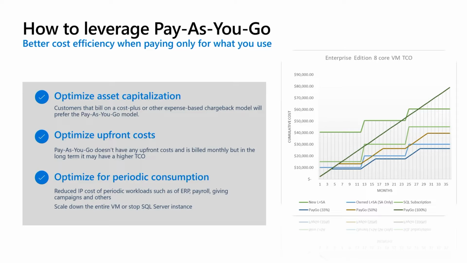But as your workload becomes more and more intermittent, you can see the difference. And if, for example, you have something that you use less than 33% of the time, this is a rule of thumb, then pay-as-you-go becomes the most cost-effective option for you. So, for example, take a payroll case.